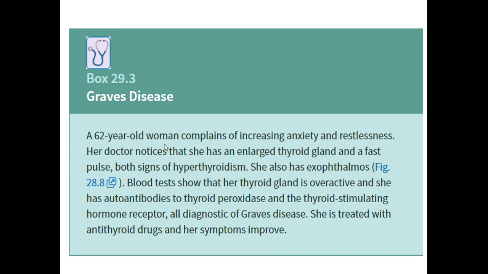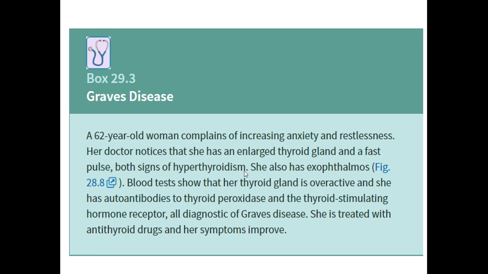So in this condition, for example, a 62-year-old woman complains of increasing anxiety and restlessness. Her doctor notices that she has an enlarged thyroid gland and a fast pulse, both signs of hyperthyroidism.